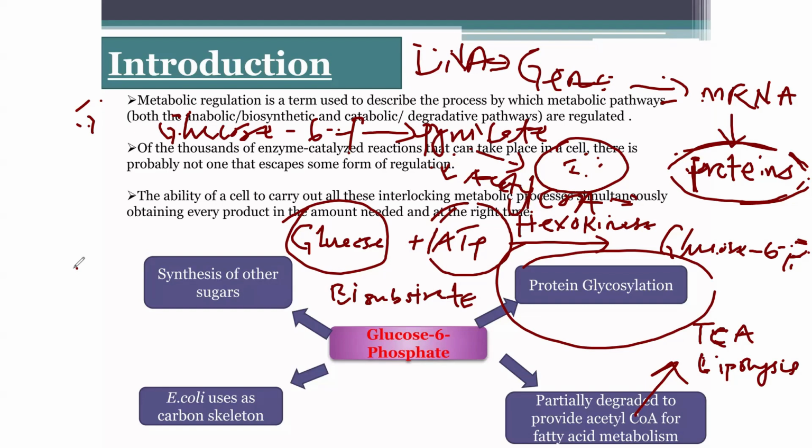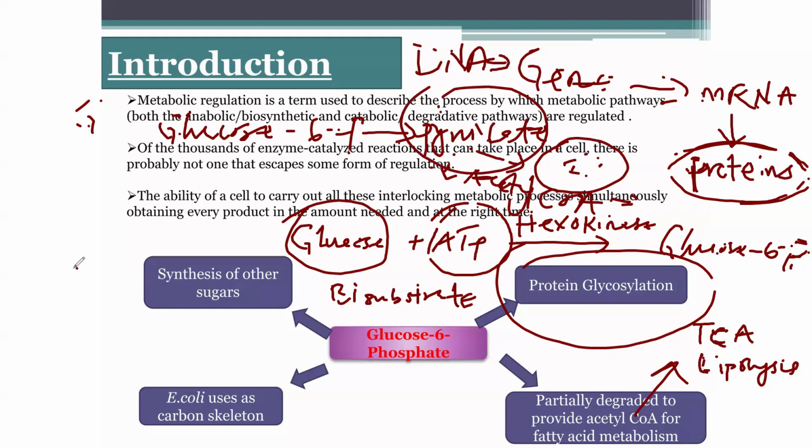And if there are no proteins being synthesized at that time, the glucose 6-phosphate can be utilized, because if there is low energy in the body, then what will happen? You need to get energy. And that is why the glucose 6-phosphate will be partially degraded into pyruvate.